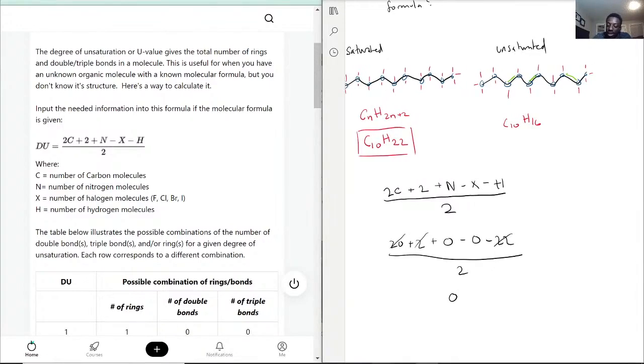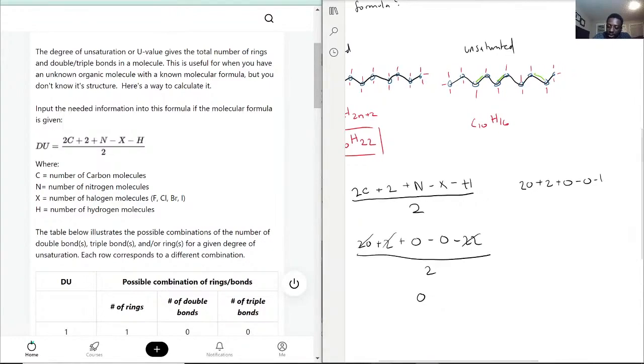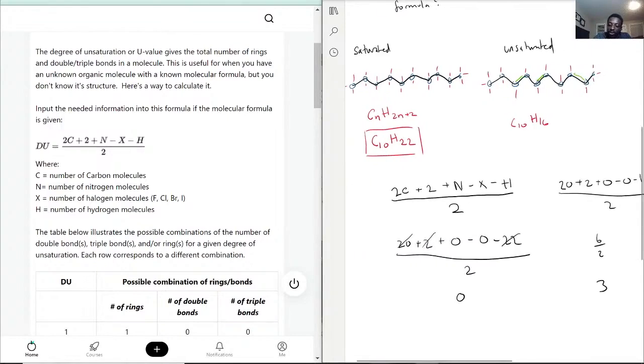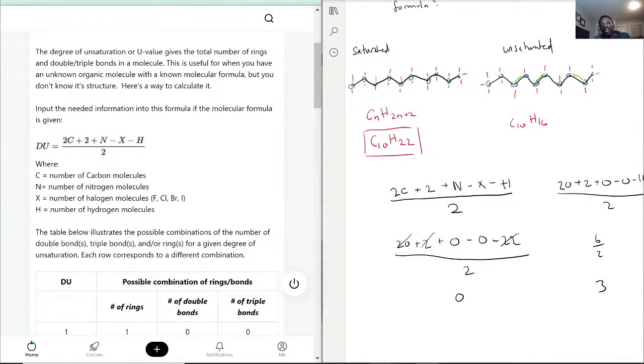Now the C10H16, same thing here. We have 20 plus 2 plus 0 minus 16, over 2. So 22 minus 16, we have 6 over 2. And yep, it is indeed 3. Now you're probably wondering exactly, how did I get 3?